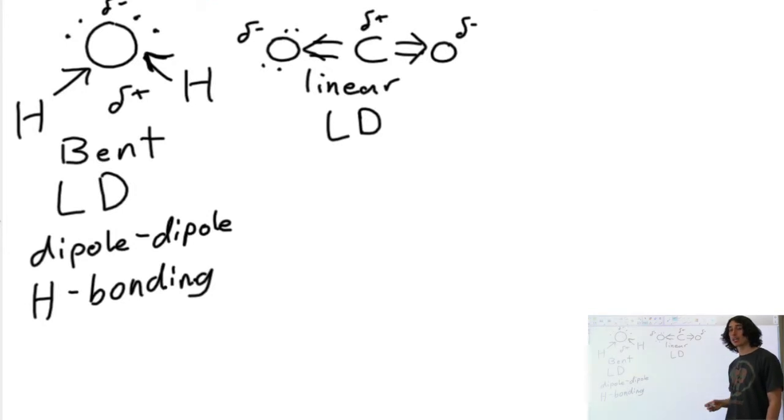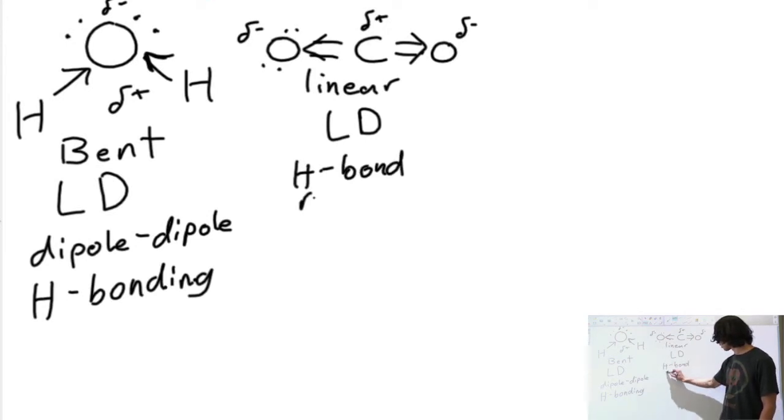You can see this occurring in soda, where you have CO2 dissolved in water. You have interactions between the water and the CO2 that keep the CO2 in solution. And so this is a hydrogen bond receiver, as it's called.